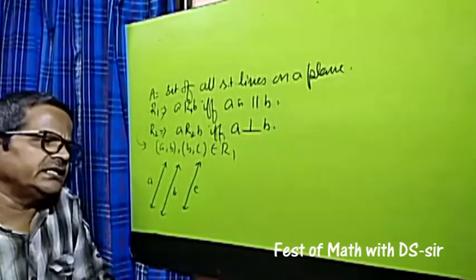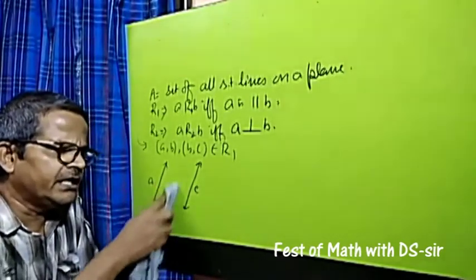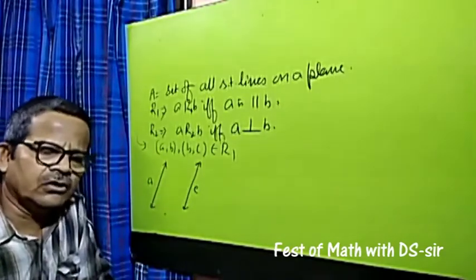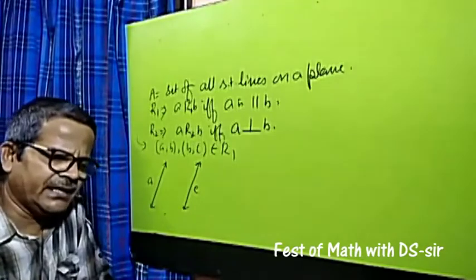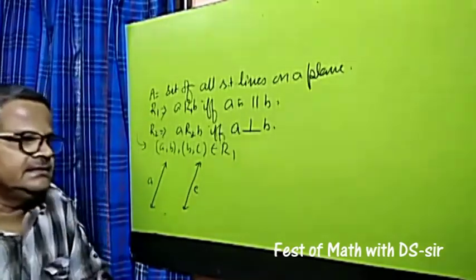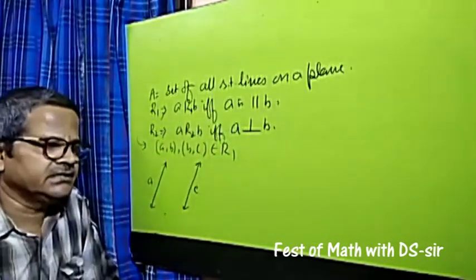Now obviously, if we omit B from the middle, the remaining two lines are also parallel. So A parallel B, B parallel C implies A parallel C. That's why this relation is transitive.